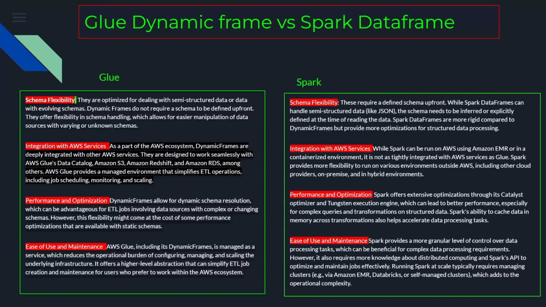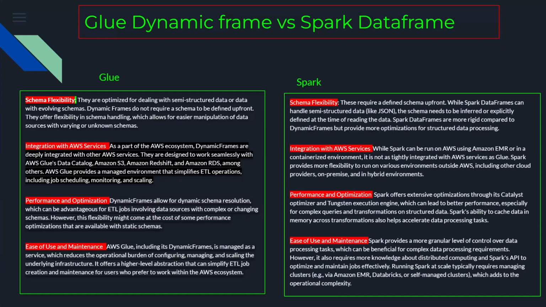Now coming to the integration with AWS services, as part of the ecosystem, dynamic frames can be more easily integrated with AWS services, and they work very smoothly with the Glue catalog, S3, and Redshift. The ETL operations are very much smoother with AWS Glue.